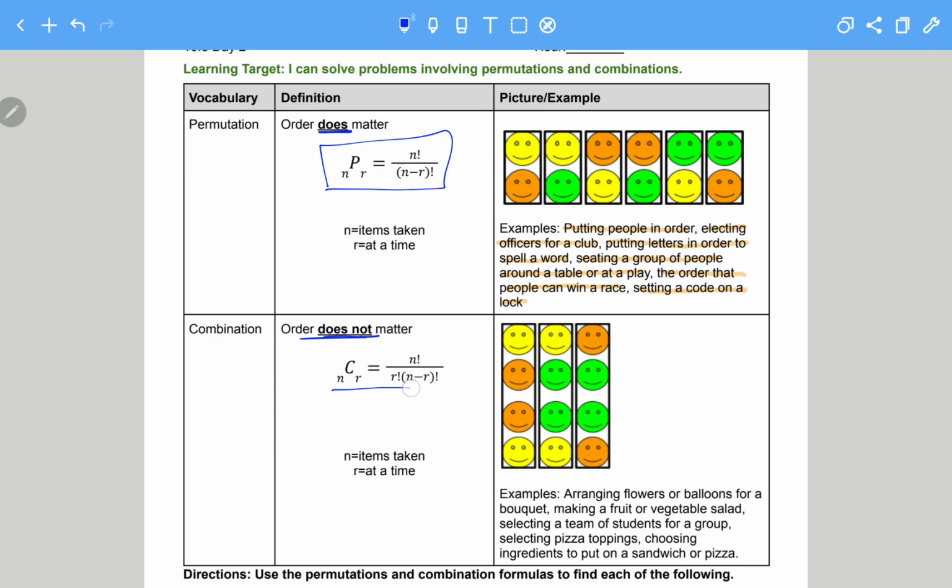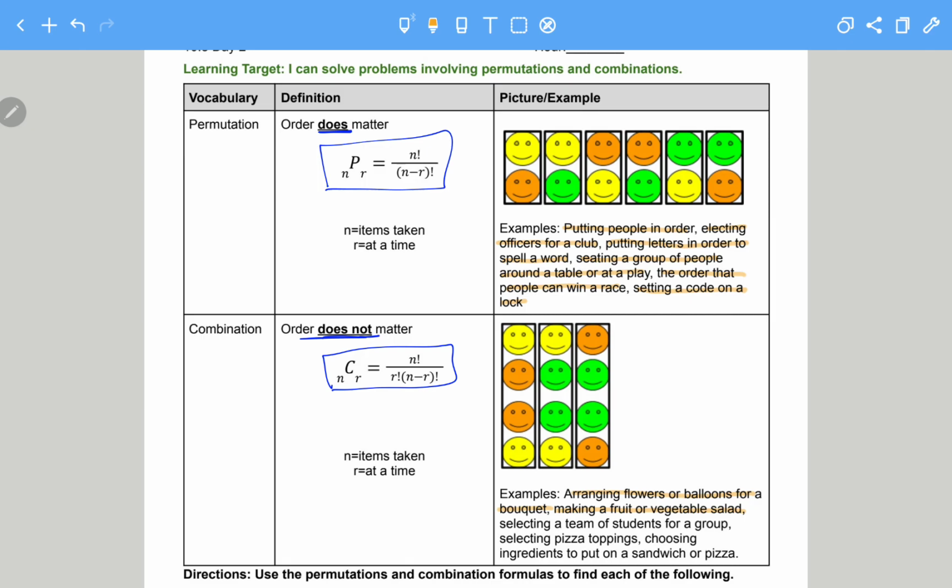Okay, and if order does not matter, we use the combination formula. Okay, and again, we have a bunch of different examples. Arranging flowers or balloons for a bouquet. Okay, think about you're getting all the flowers and balloons no matter what. Okay, making a fruit salad or a vegetable salad.